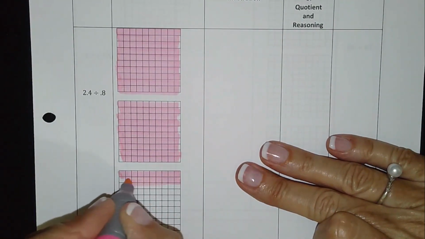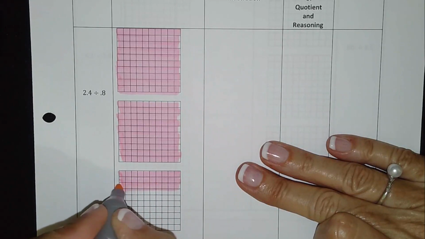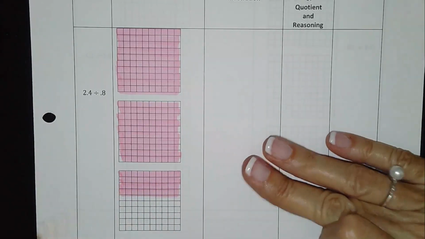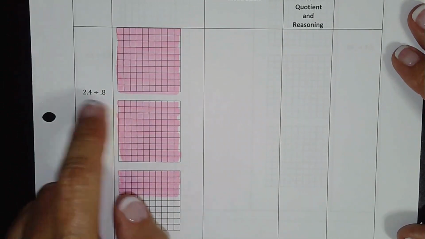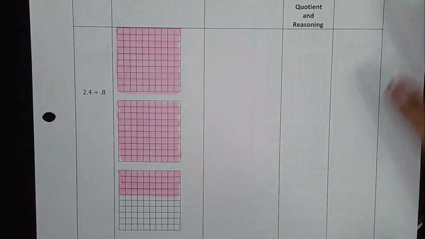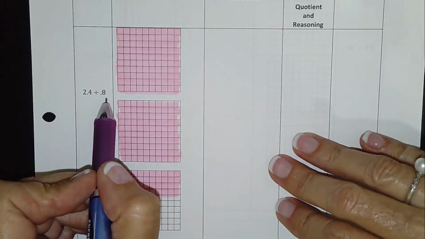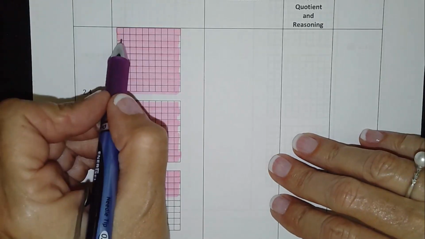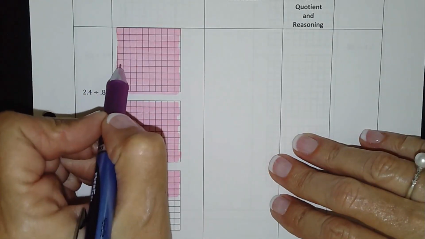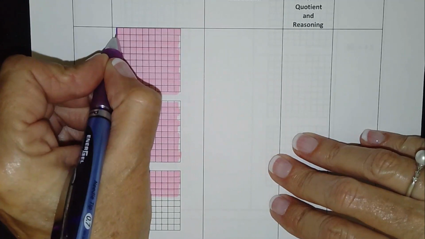So this kind of gives you a better understanding of what division means. So this wants to know how many 8/10 will fit into 2 and 4/10. So we need to divide this into 8/10. So 8/10, remember, is 8 strips. So 1, 2, 3, 4, 5, 6, 7, 8. So here's 1.